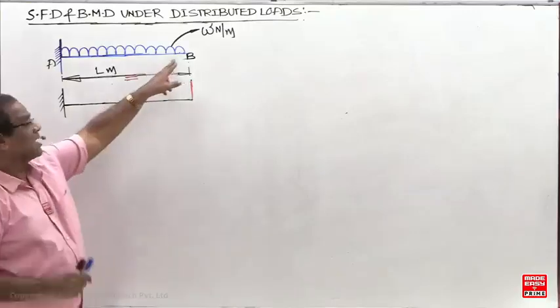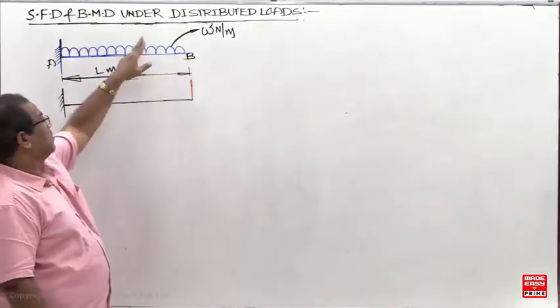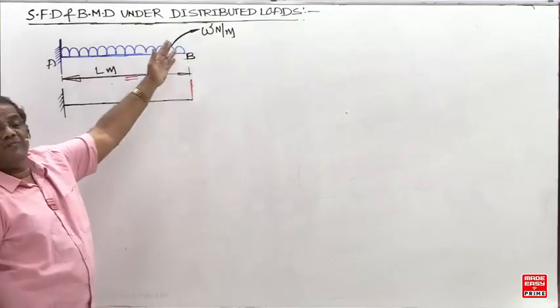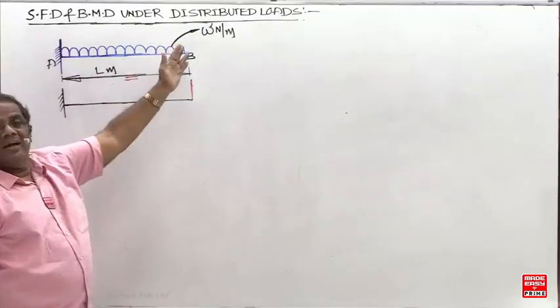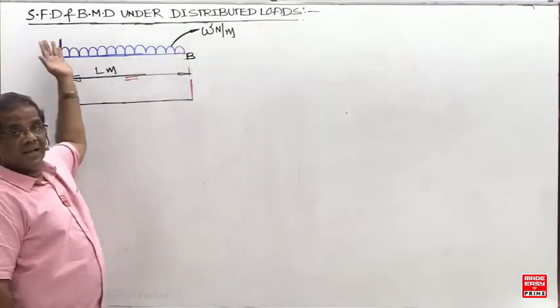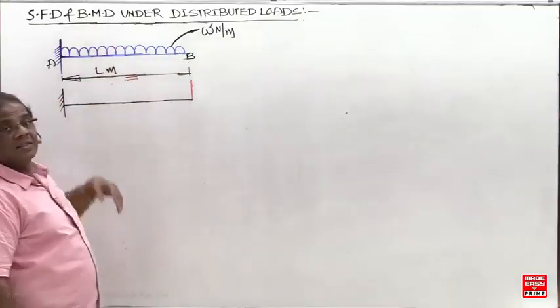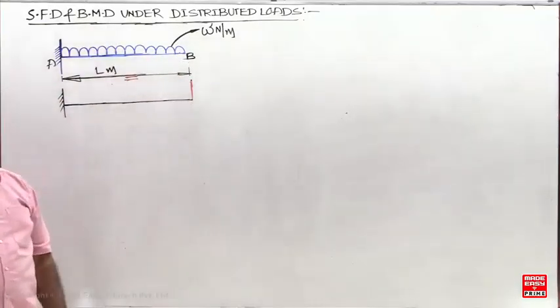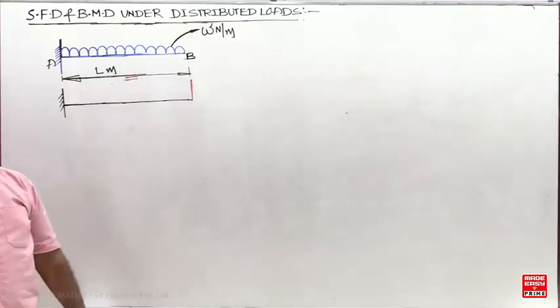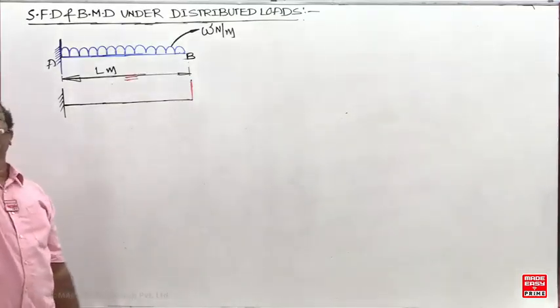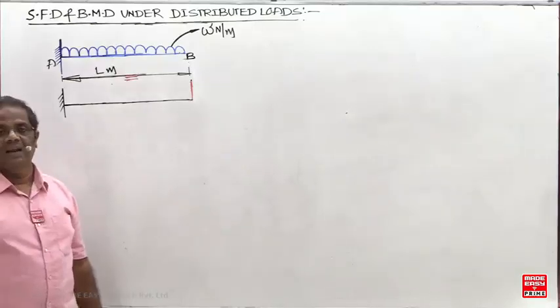Next example: I kept one cement bag, next 2 cement bags, next 3, 4, 5. When going from left to right, the intensity will increase. What is this representing? UVL, uniformly varying load. UVLs are represented by a triangle.